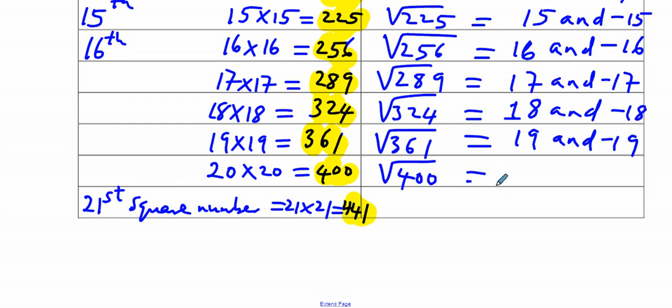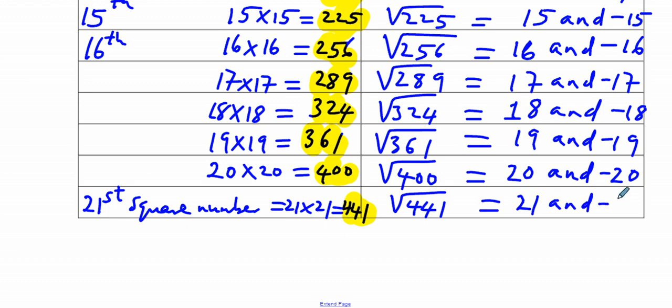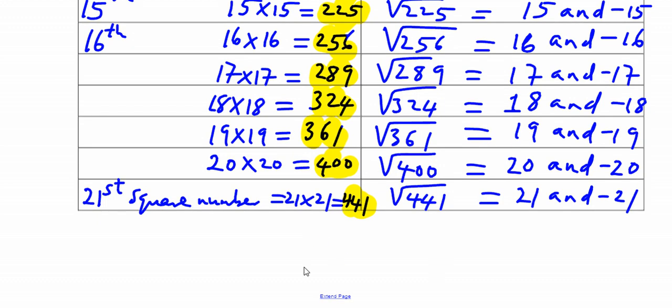The square root of 400 is 20 and negative 20. Lastly, the square root of the square number 441 equals 21 and negative 21. So far, so good.